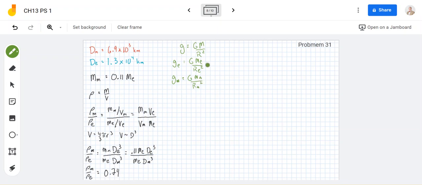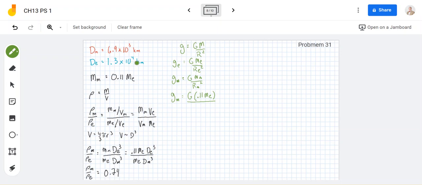Now, what I like about this problem is I'm going to rewrite this Mars expression in terms of the Earth. So g for Mars is going to be equal to G. Now, the mass of Mars here is 0.11 times the mass of the Earth. And if I look here, this is a diameter ratio, so I'm going to divide to get a ratio of Mars to Earth.